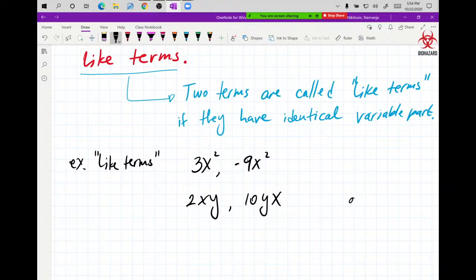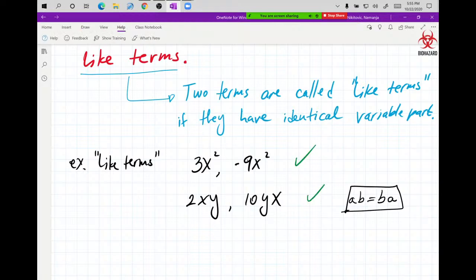If you remember, the commutative property was a times b is the same as b times a. Well, if you learned it with a and b, you can still apply it to x and y. There is no difference, right? It's just different letters, but it's the same mathematical concept. So, yes, these are like terms.